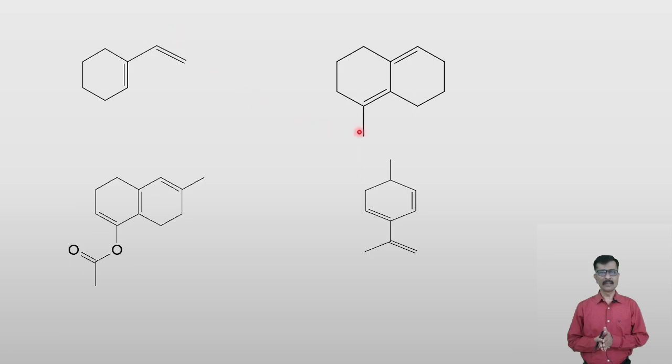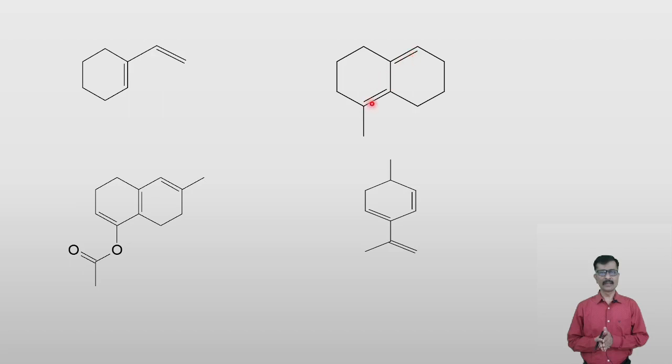Okay, now if we look at the second, here again it is a diene system, double bond, single bond, double bond. So alternate double bond it is in conjugation. This compound is having two rings, say ring A, ring B, and these two double bonds are in different rings.